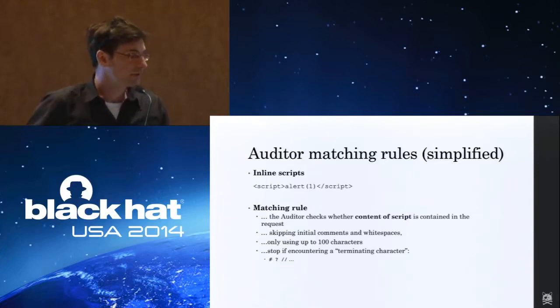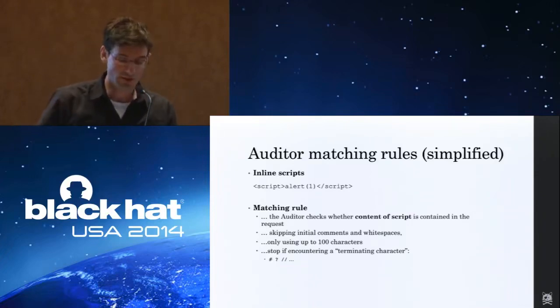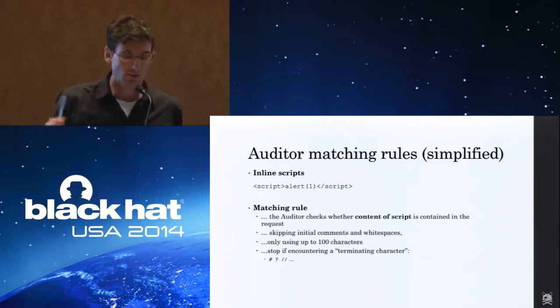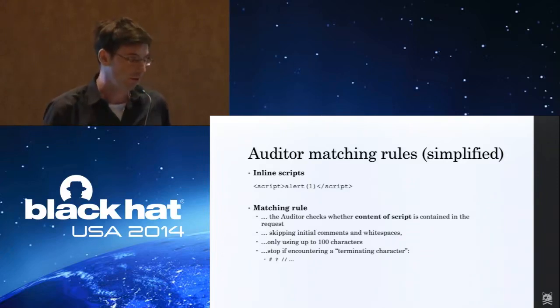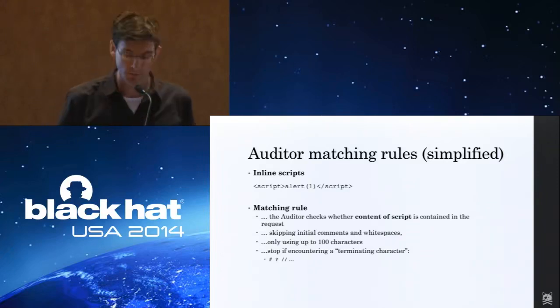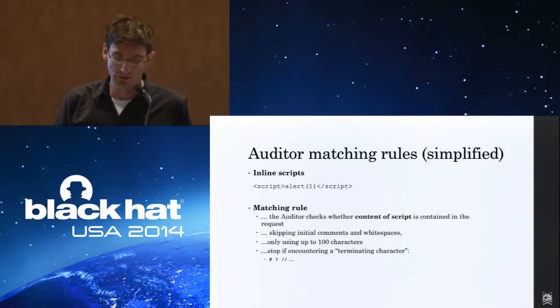If any script tag is found during the parsing process, the corresponding matching rule is that the auditor checks if the content of the script is contained in the request. So the auditor doesn't look for script tags in the request, because they're mandatory for injection anyway, and only looks for the JavaScript code itself.